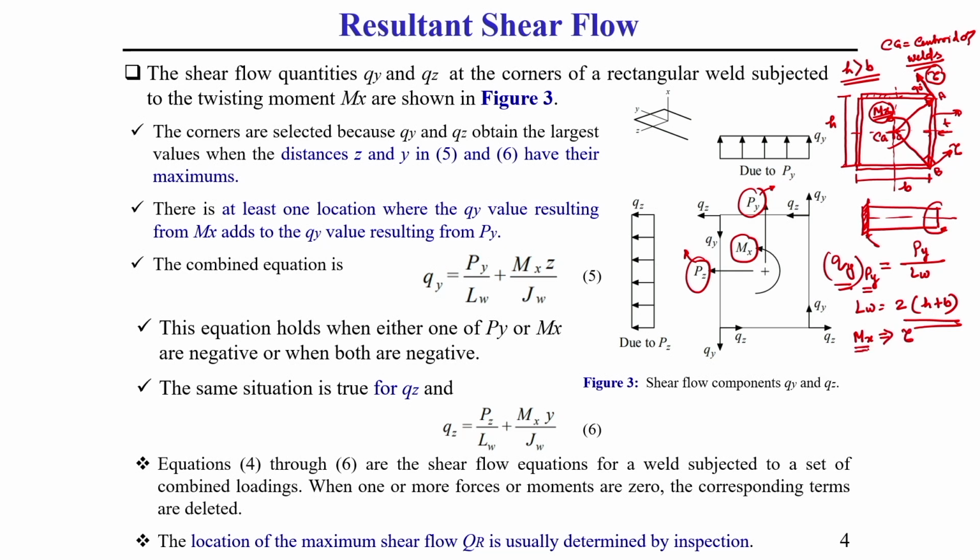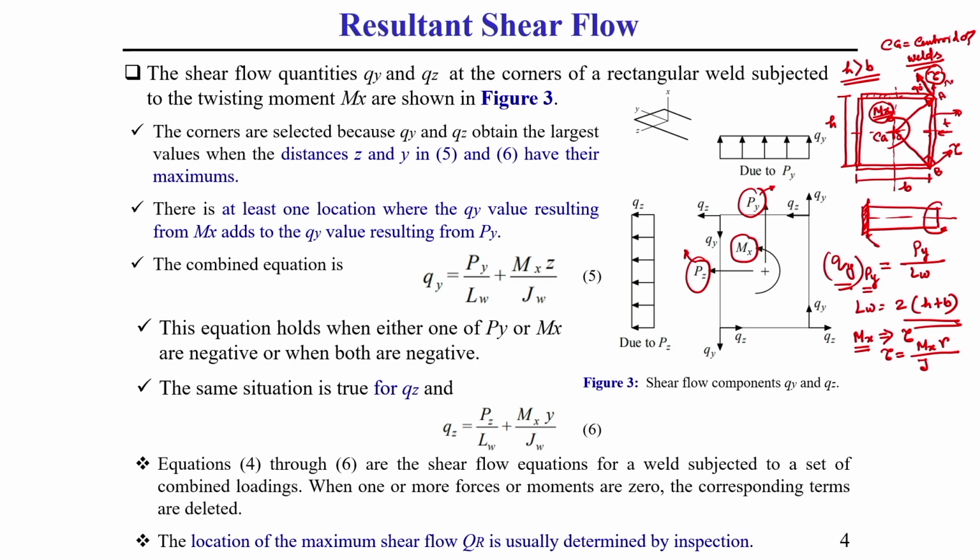This Mx, this tau you already know: corresponding to this Mx, tau is equal to Mx r divided by J. These are things very well known to you. Now, here you see this tau component we can convert into two components.